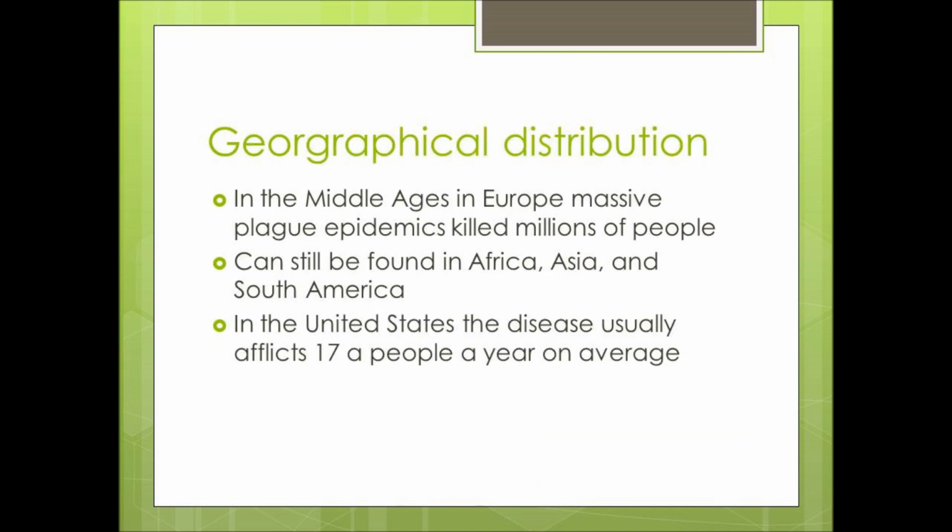In the Middle Ages in Europe, massive plague epidemics killed millions of people. The plague can still be found in Africa, Asia, and South America. In the United States, the disease usually afflicts 17 people a year on average, most often occurring in southwestern United States.